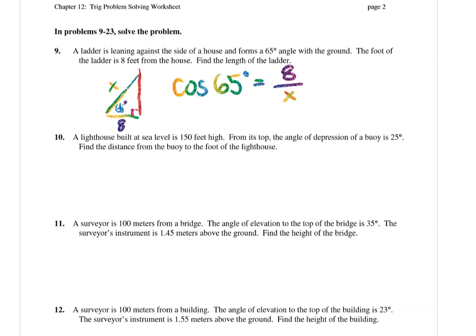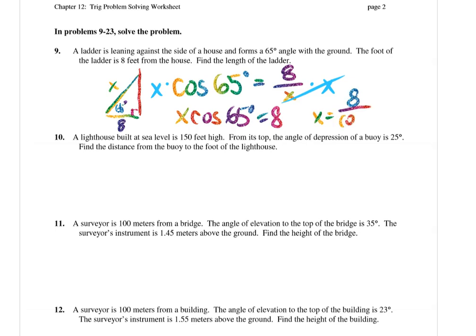So then solving from there, I would just need to multiply both sides by x. That way I don't have x on the bottom anymore. And then I end up with x cosine 65 degrees equals 8. So let's divide both sides by cosine of 65.